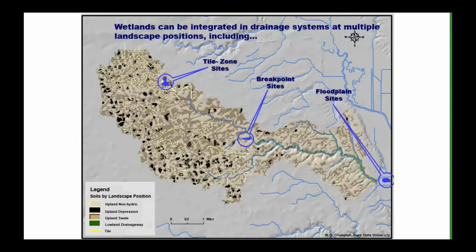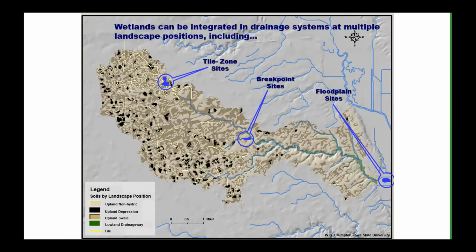And just to go back to the map we were looking at earlier from Dr. Crumpton's lab, these are typically further down the watershed than those prairie pothole style projects, where we can intercept a large area of concentrated flow.